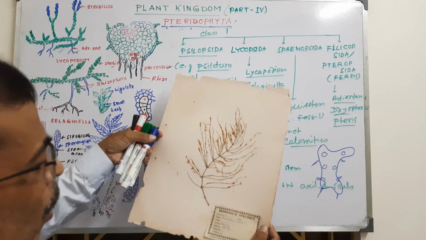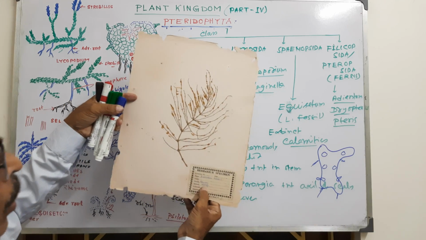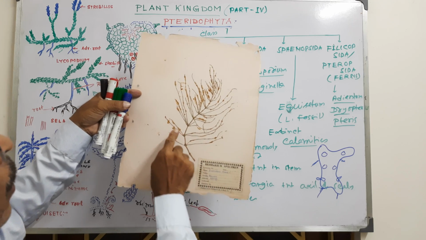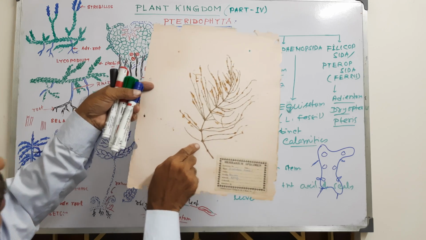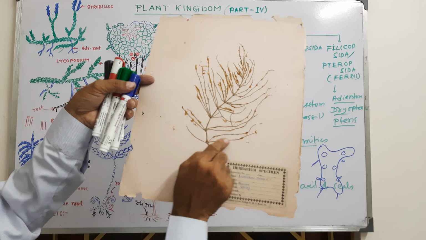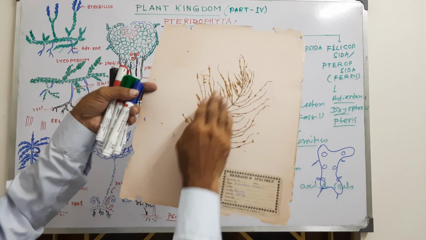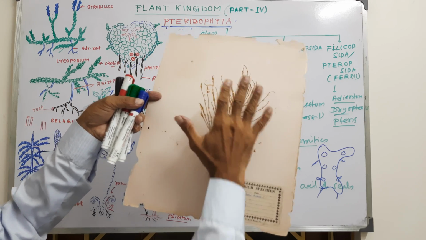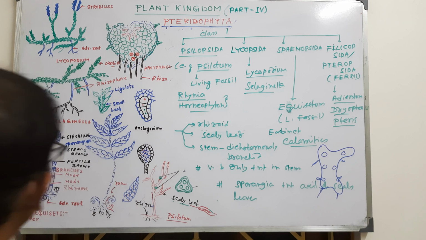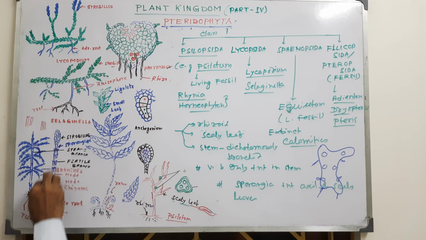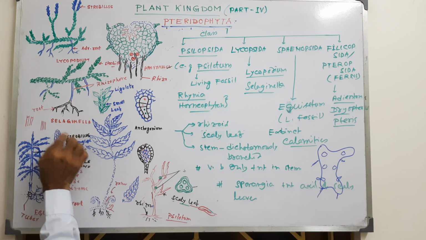I have collected it from Koushani, 6,200 feet in altitude. Look here, these are scale-like leaves, and these are the lateral branches, and this is the vegetative thallus. There is no strobilus here, but here is the fertile branch that produces strobilus.